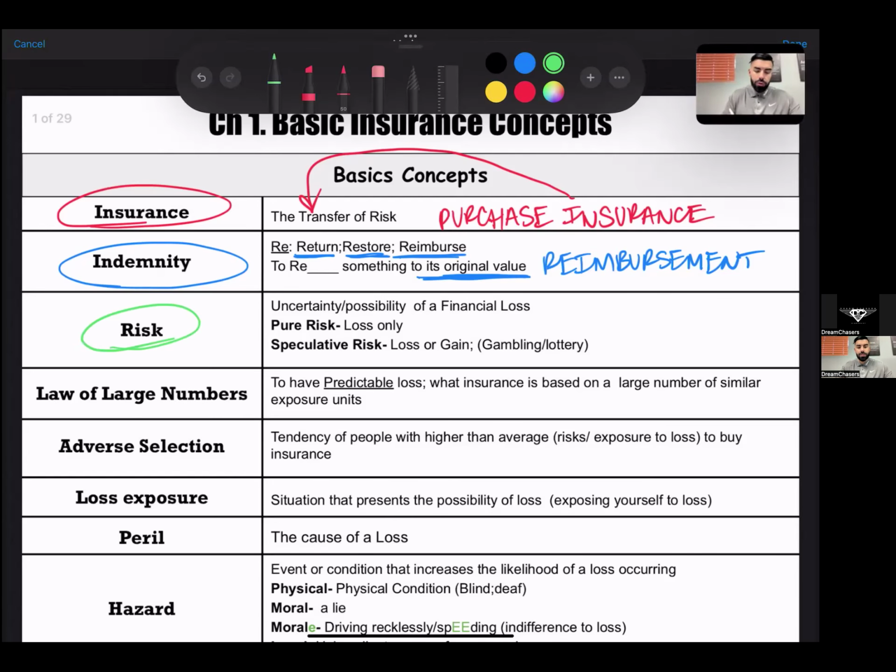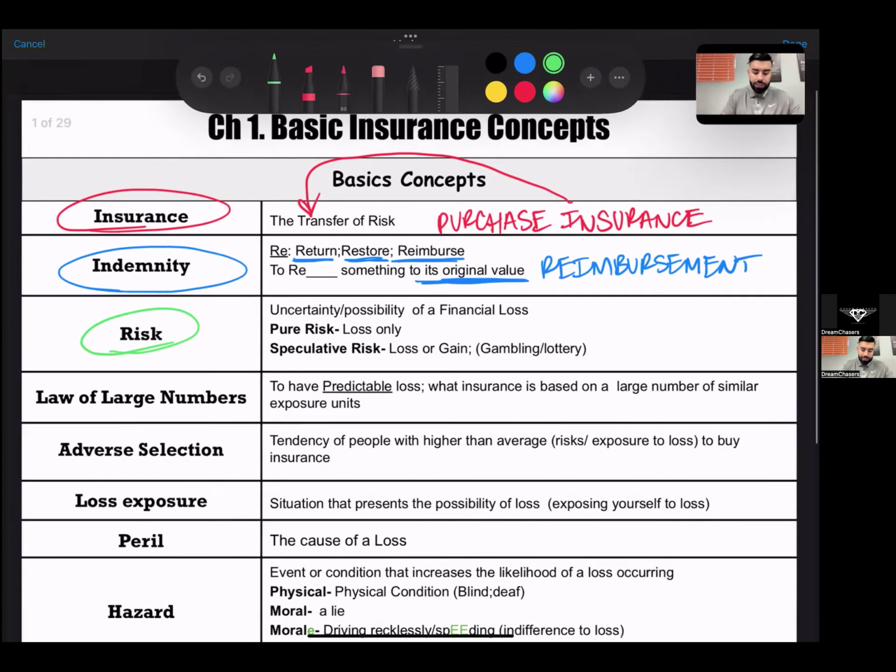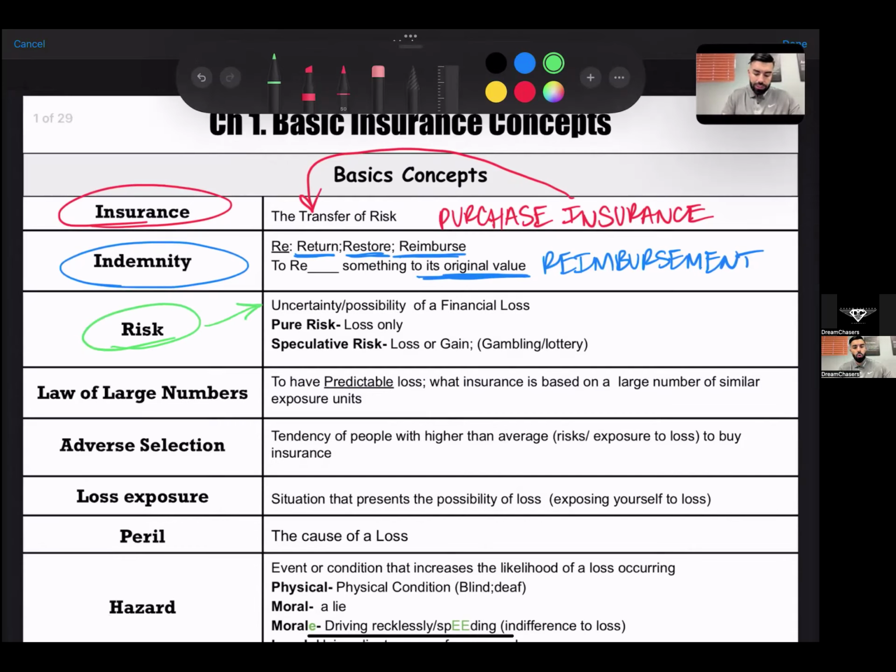Next is risk. The term risk, by definition, is the uncertainty or possibility of a financial loss, of a loss occurring. Now, on the test, they're going to talk about two different types of risk. The first is what is known as pure risk. Pure risk is where there will be a loss only, meaning death in the sense of life insurance.